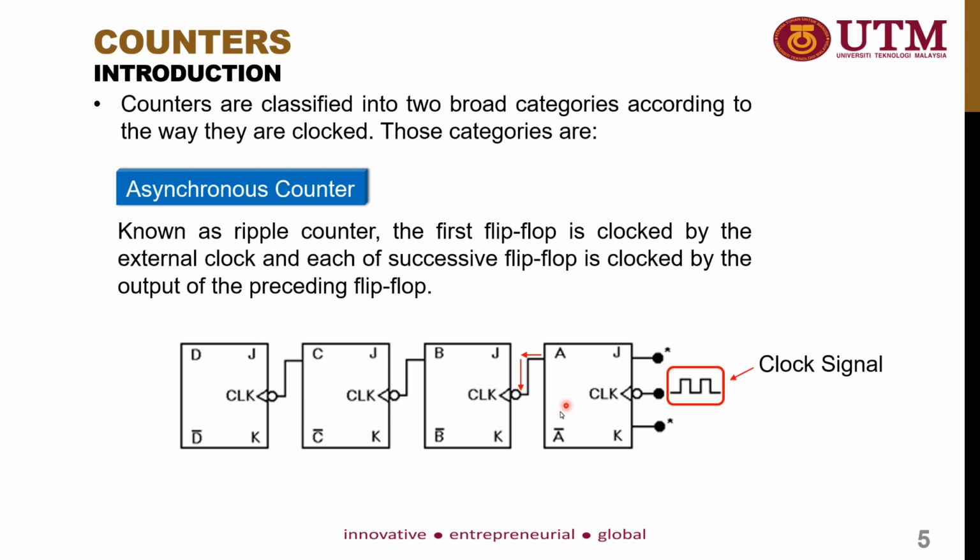For example, this is the second flip-flop, so the input clock at the second flip-flop will be connected to the output of the previous flip-flop. So the external clock signal is only connected to the first flip-flop, and it will continue until it reaches the final flip-flop. The final flip-flop also accepts its input clock from the output signal of the previous flip-flop.